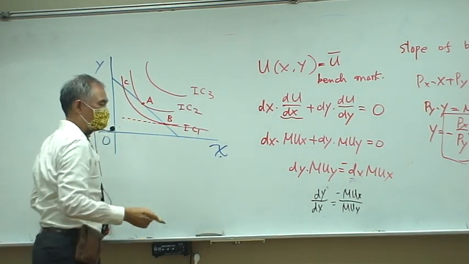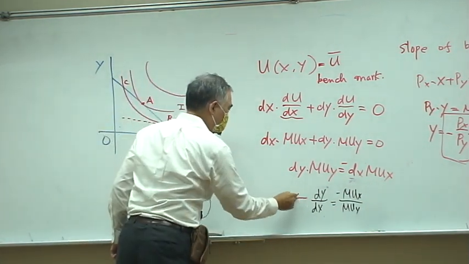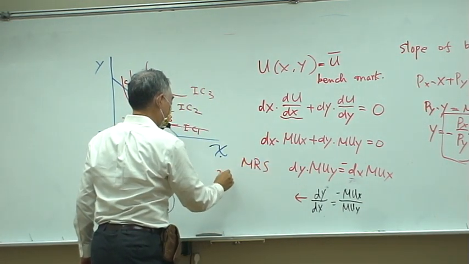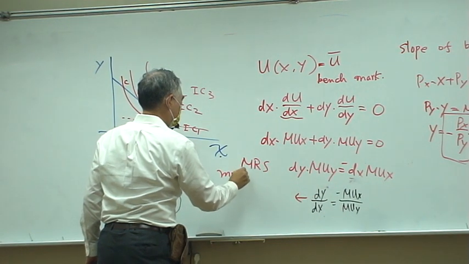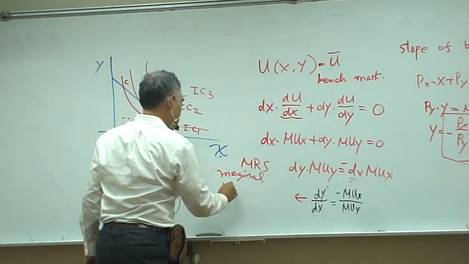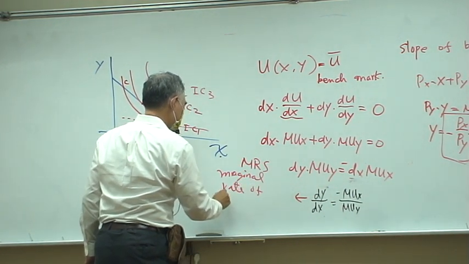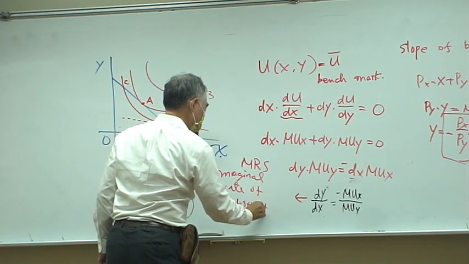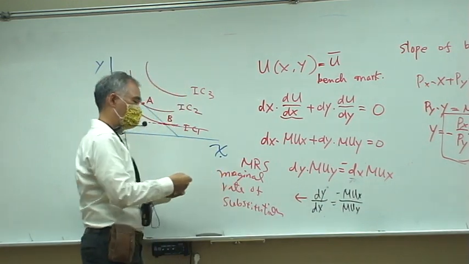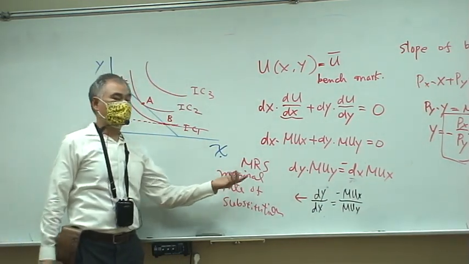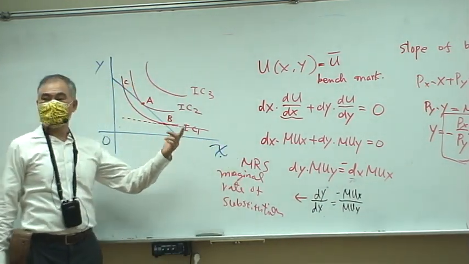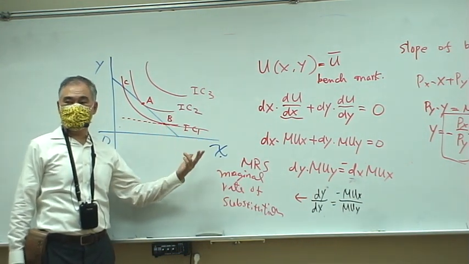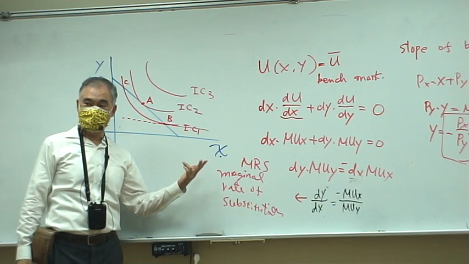This one has a special name, okay? We call it MRS, marginal rate of substitution. As I have told you, right? Because the price of X changes and the price of Y changes, supposedly because of that, you're going to change your consumption behavior.